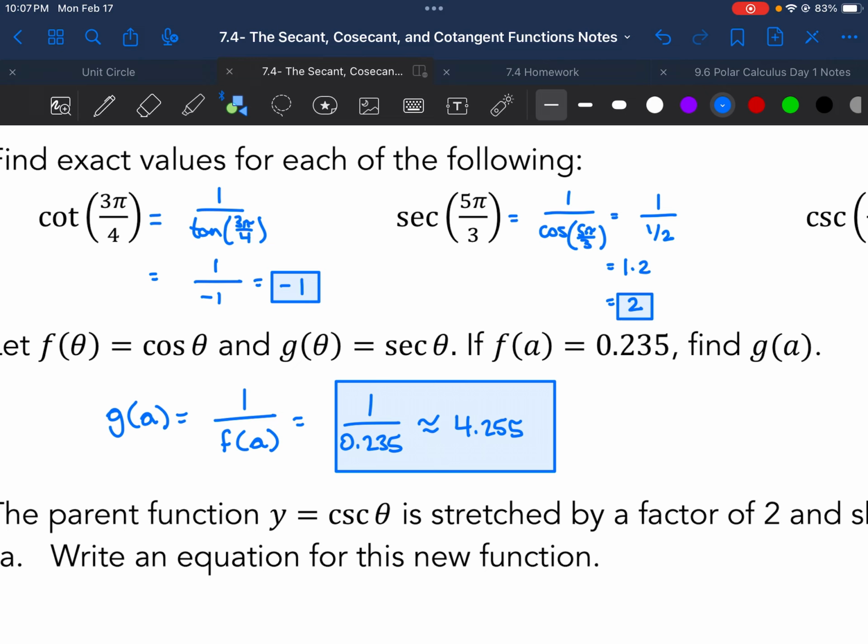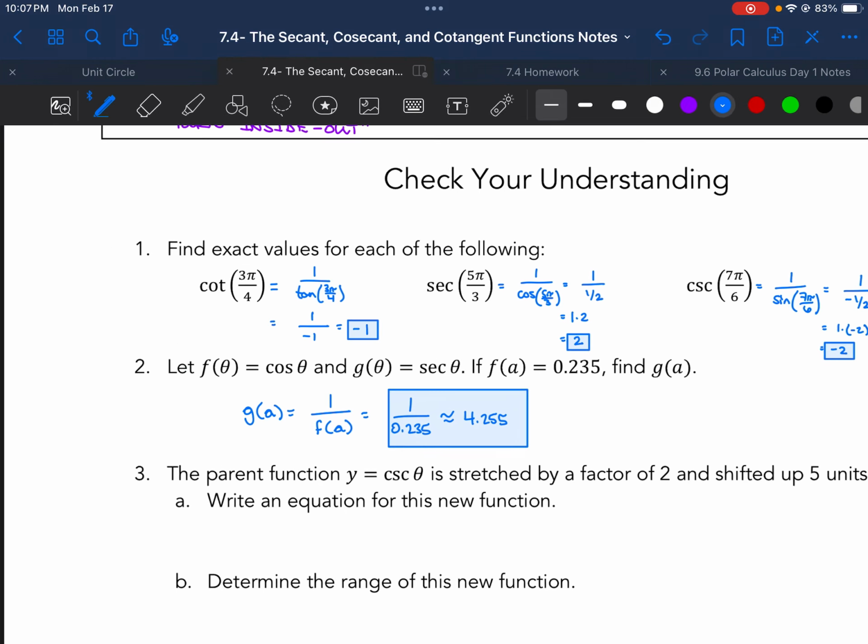I'd probably prefer the 1 over 0.235. That's just me personally. Let me make sure I calculated that correctly. Yeah, 1 over 0.235, 4.255. All right. Yeah, again, I'd probably leave it like that.